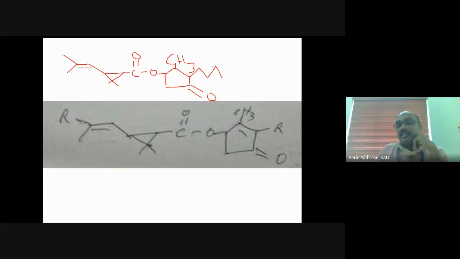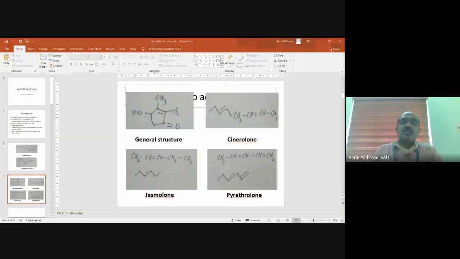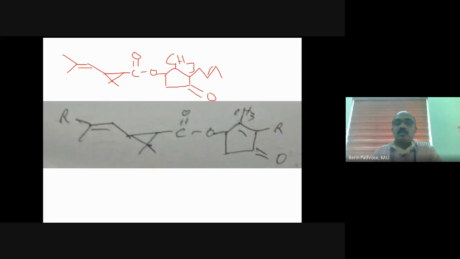Between second and third we have a double bond. So which one will it be? It will be esters of which alcohol? Cinnarolone. Yes, cinnarolone, exactly.